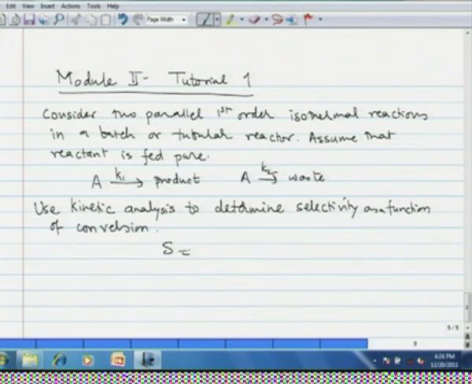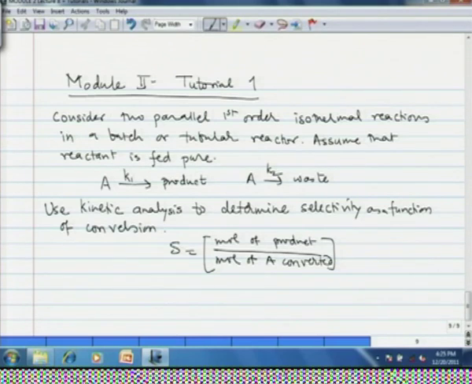So, the selectivity S is defined as moles of product divided by moles of A converted. I have already mentioned to you different definitions of selectivity. So, before you use data in literature, you have to make sure how selectivity is defined. Selectivity can also be defined in an alternate way, that is moles of desired product divided by moles of undesired product. However, in the present situation, we are defining selectivity as moles of the product divided by moles of A converted. Okay.